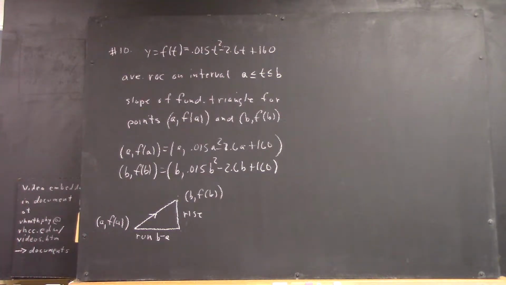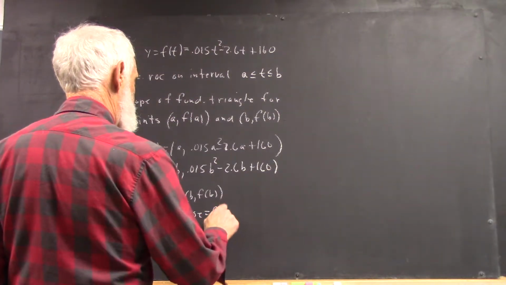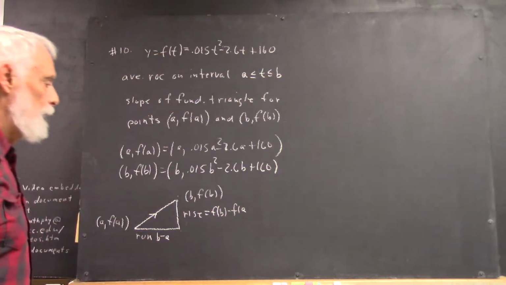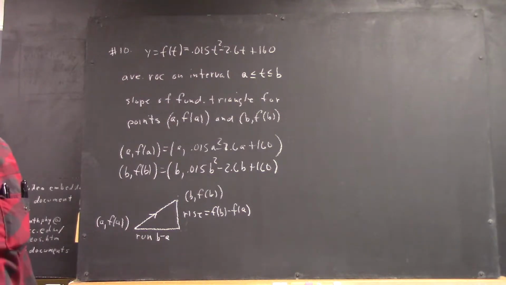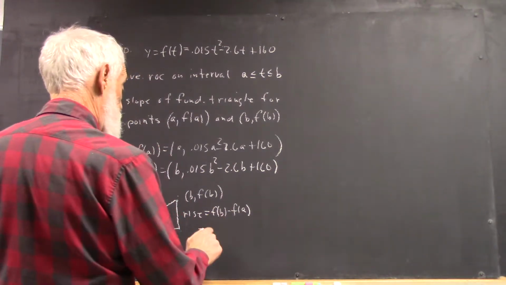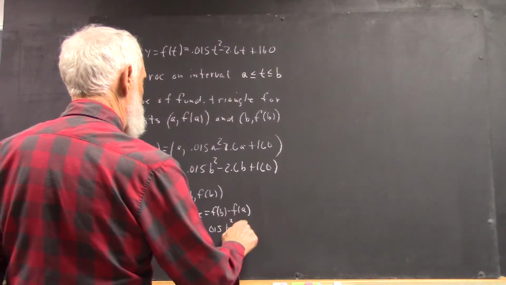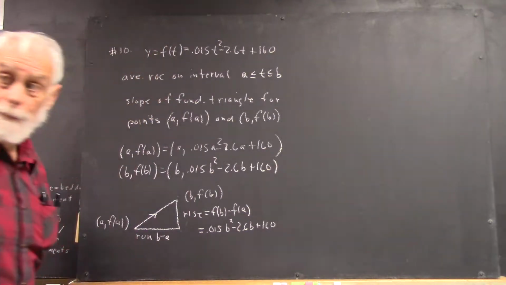What's the rise? It's f of b minus f of a. Now, of course, we've got expressions for f of b minus f of a, right? So we can write out what f of b minus f of a is, because we write out f of b, which is 0.015b squared minus 2.6b plus 160, right?